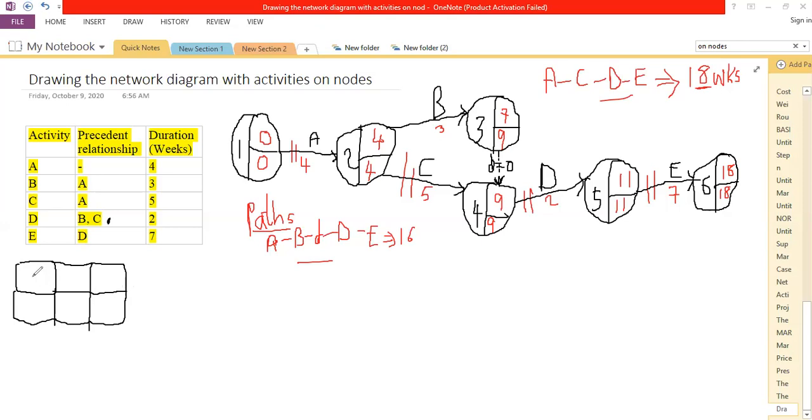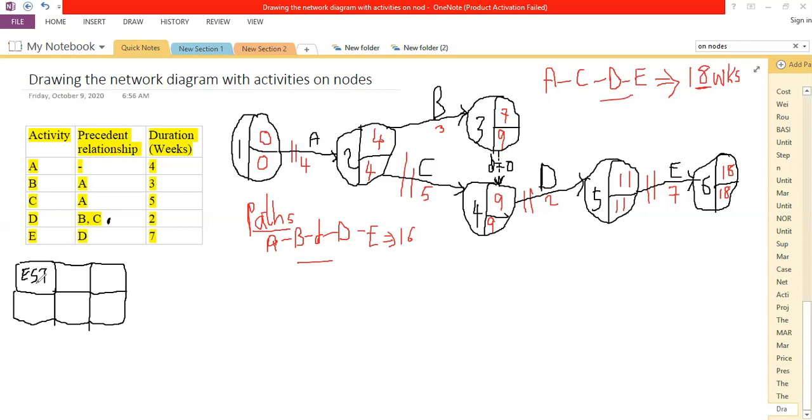What I'm going to fill in here should be the amount of time at which the activity can earliest start. The earliest start of that activity, just as we were labeling here, the earliest that A would start is at 0 time. The earliest that it could finish is at 4.